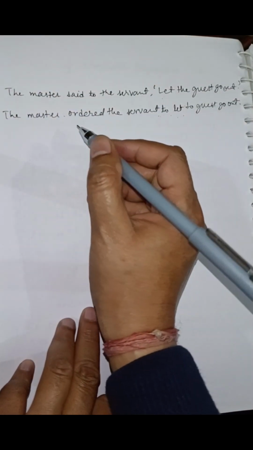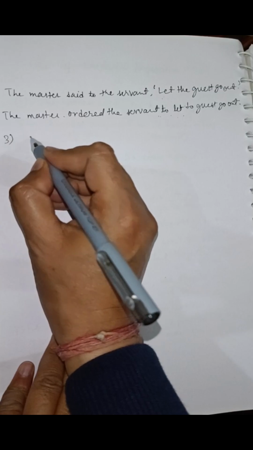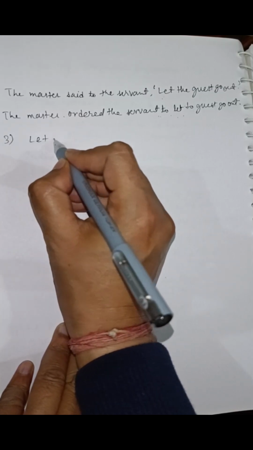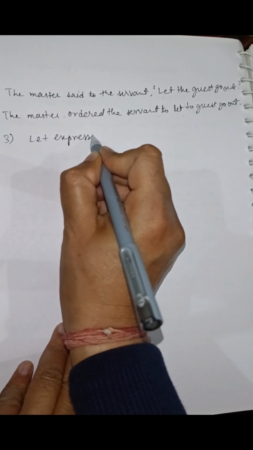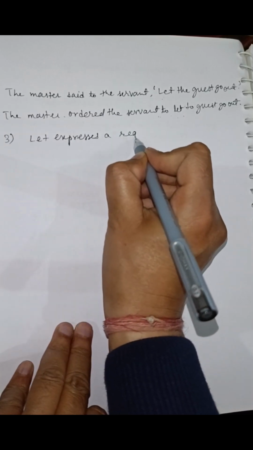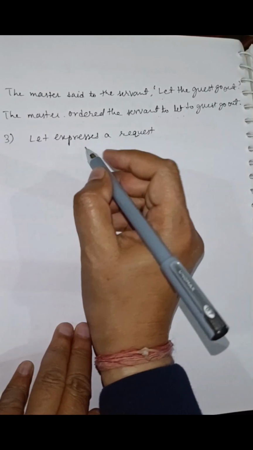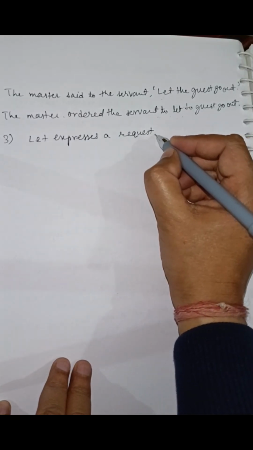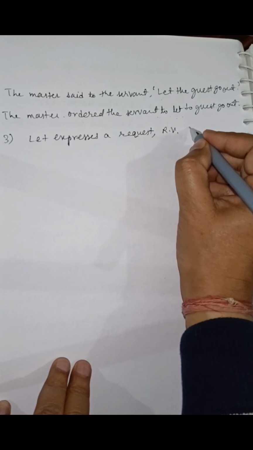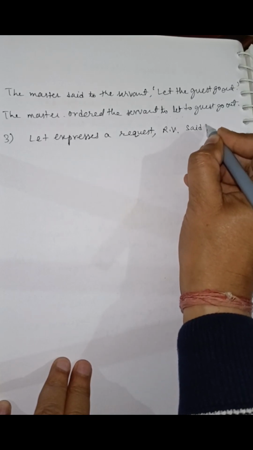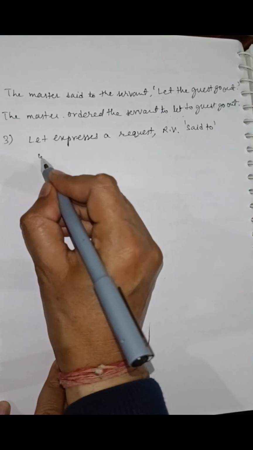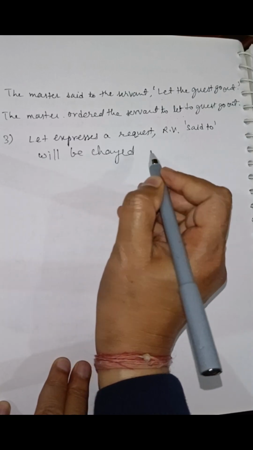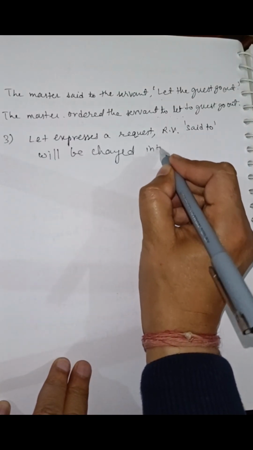So we can have another example in which let expresses a request. Let expresses a request, and the reporting verb said to will be changed into requested.